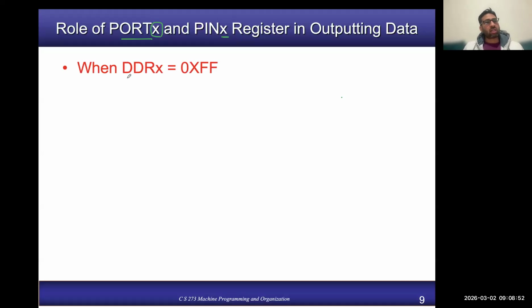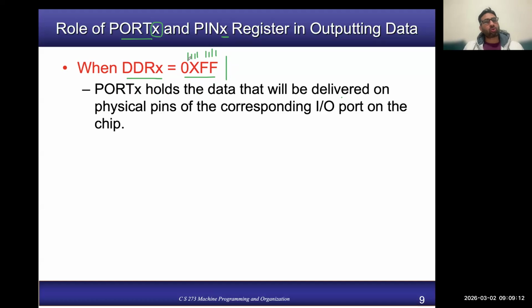So when your DDR register is equal to 0xFF, what does it mean? It means that your port is configured as an output port, because 0xFF means you are writing 8 ones to the DDR register of any port, let's say port B, right? So you have configured port B as an output port.